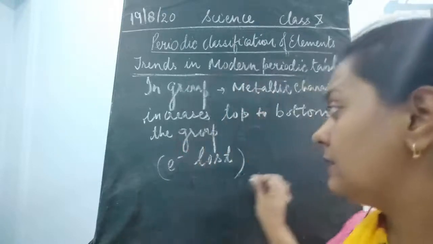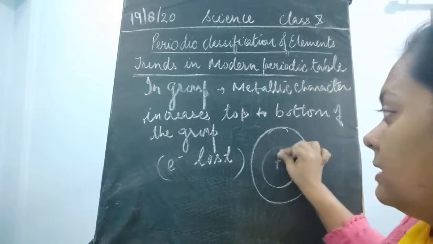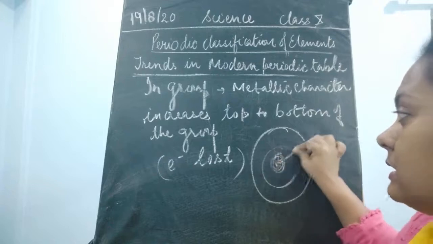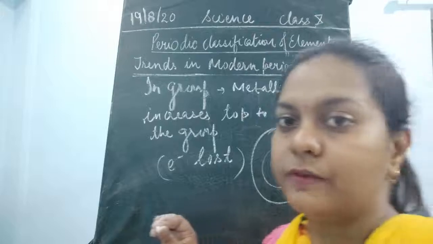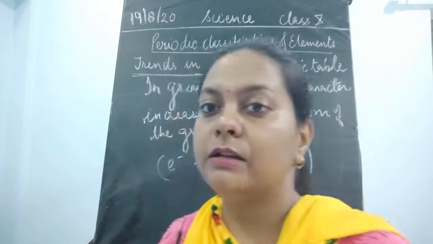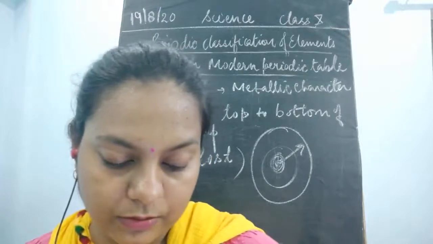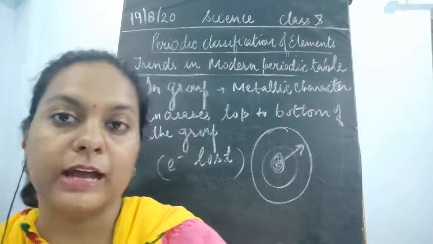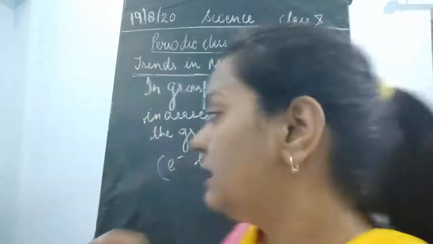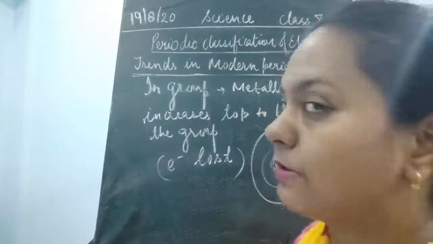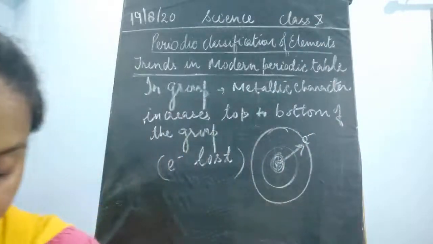If the number of shells is increasing, you know that the positive charge is in the center, so the outer electrons have to be at more distance. So electrons can be easily lost from the outermost shell, because the number of shells is going to increase.